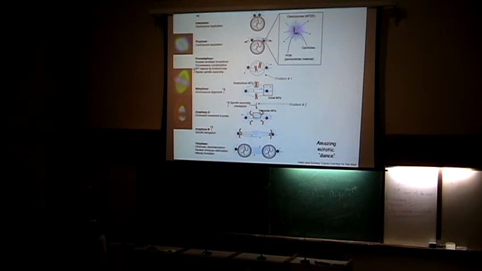And then the problem is that the poles are still too close to each other. So it's dangerous because there can be lots of mistakes in physical division of the cell.